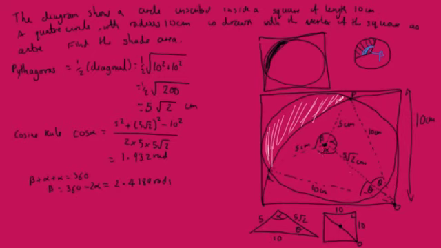So this is the triangle we've got in here, and we can use this to find theta. So we're going to use the sine rule. So sine theta over 5 must be equal to sine alpha over 10. Working this out, we're going to get theta equals 0.4867 radians.